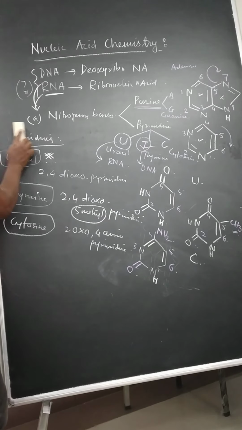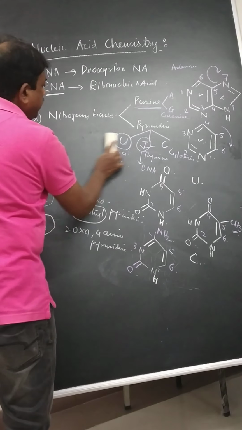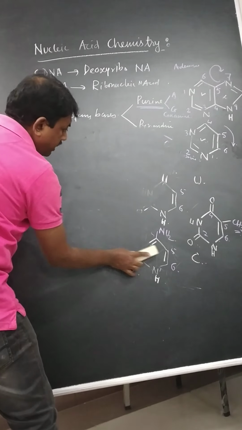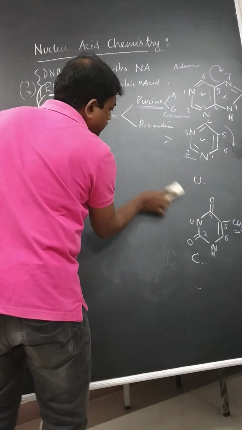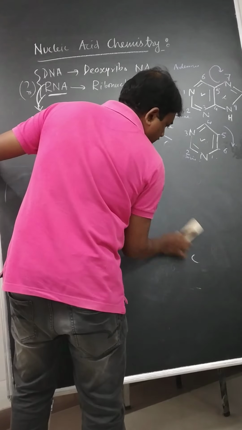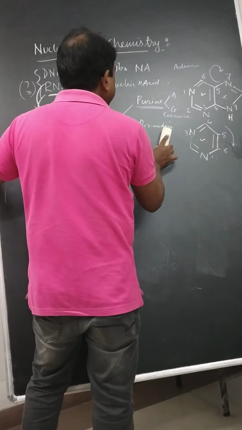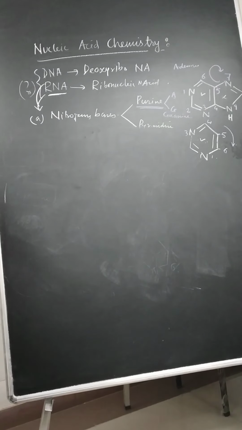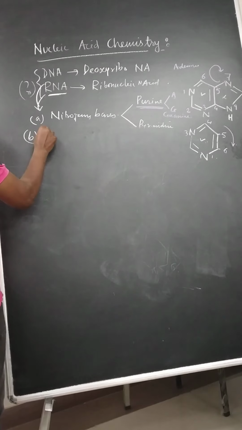Now second part is the nucleoside. As I have discussed already, nucleosides are nothing but nitrogenous bases plus the ribose or deoxyribose sugar. In case of RNA, it is ribose sugar. In case of DNA, it is the deoxyribose sugar. So second part is nucleoside.